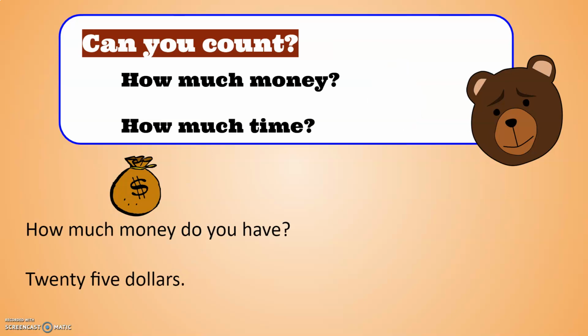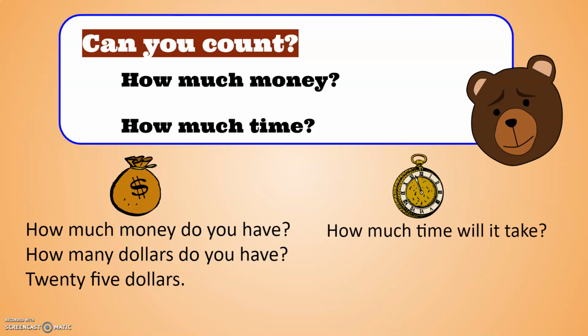So we would say, how much money do you have? And someone would answer, I have $25. Money is uncountable, but the answer is with dollars. Dollars are countable. So you could say, how much money do you have, or how many dollars do you have? The answer, $25.